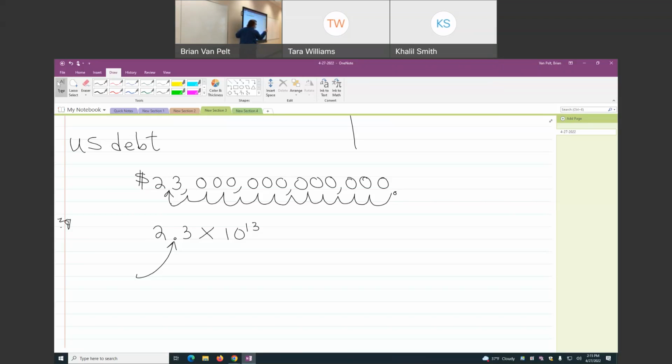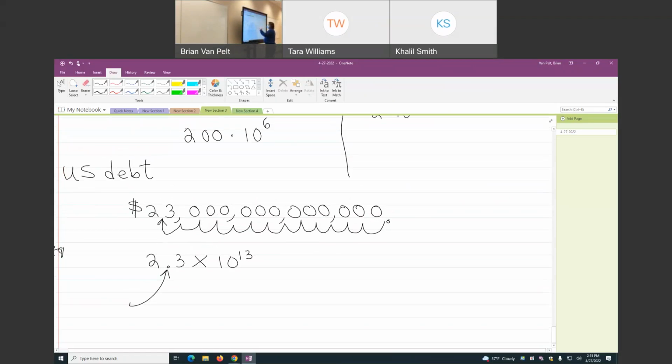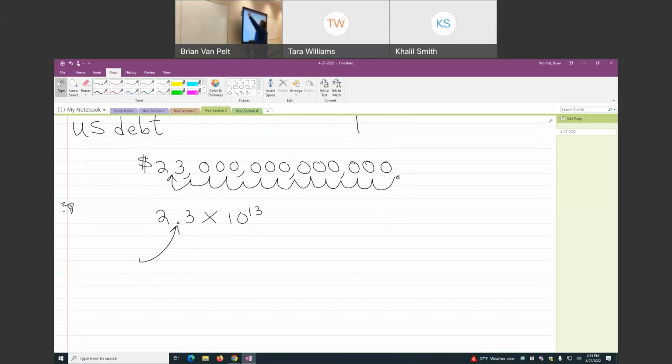Let this be the thing that tells you what to do instead, I think, is safer. The decimal moves 13 places.